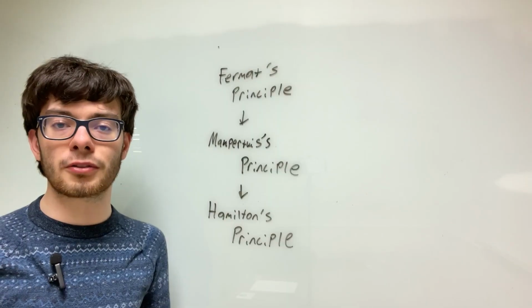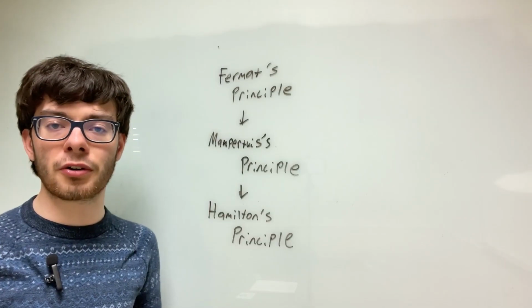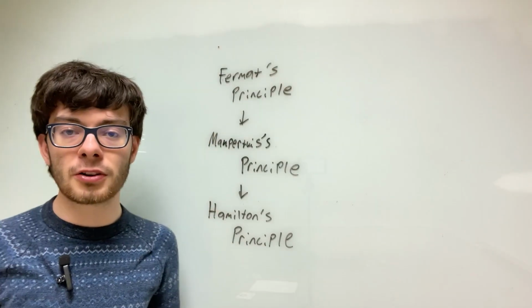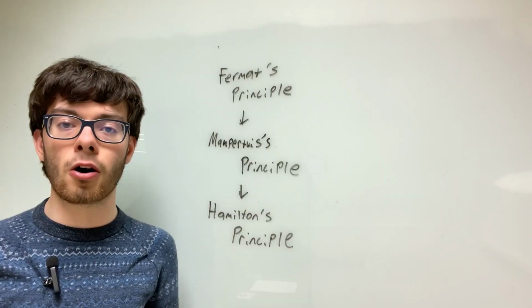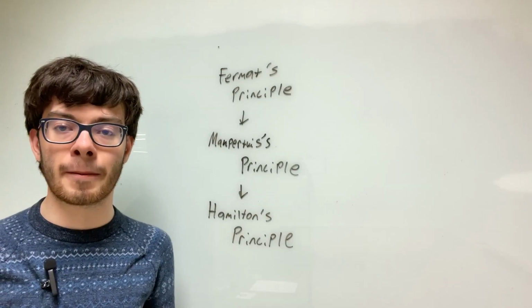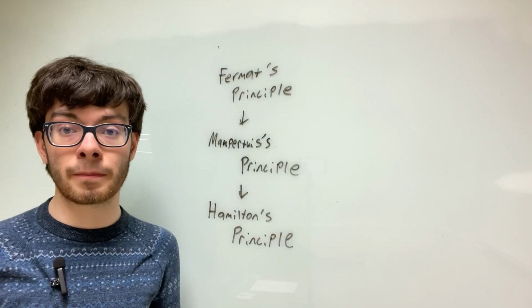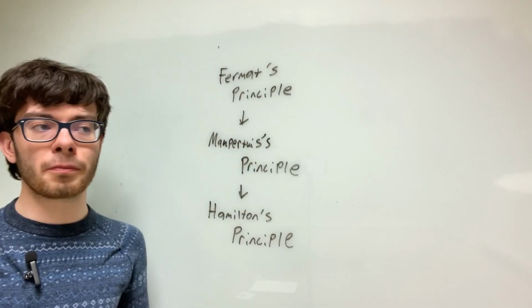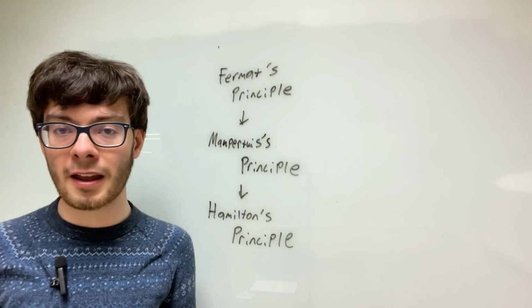Now, the history of Hamilton's principle is quite fascinating. It all started from a very old variational principle called Fermat's principle. This is a principle in optics that says that light in a medium always travels the path of least time. This then inspired a physicist named Maupertuis, who thought, well, if there's a variational principle for optics, then why not one for mechanics?